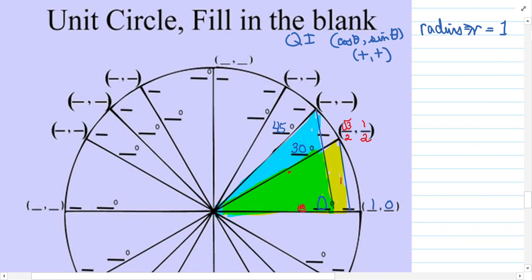So this would give me the 1/2 for, I'm sorry, this is 45. Square root of 2 over 2, because these are both the same, and the square root of 2 over 2 positive. Then I would go up to the 60 degree.